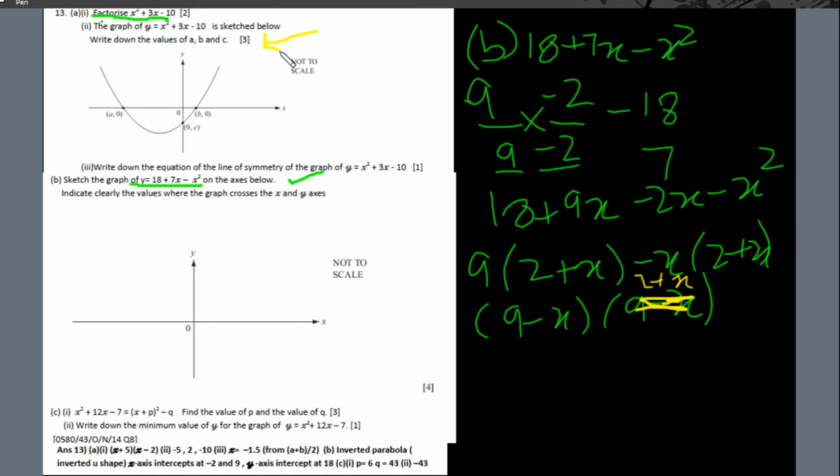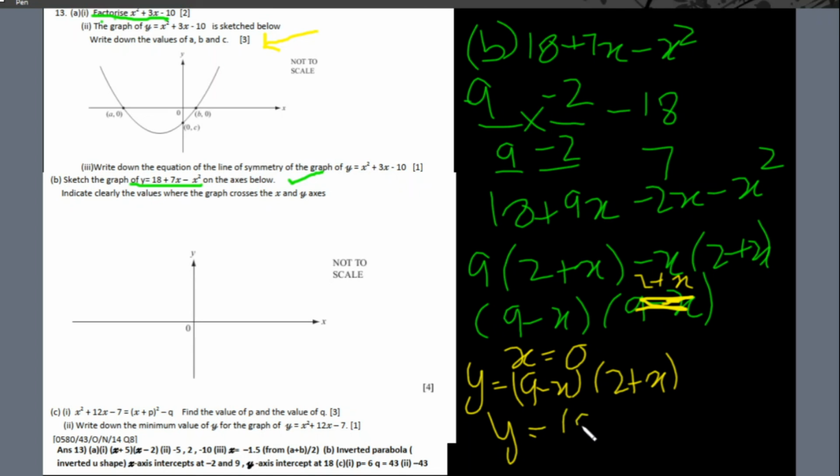So similarly we'll sketch this graph first by substituting x equals 0. So when x equals 0, what do we get for y? So if I have y equals 9 minus x, 2 plus x and I substitute x as 0, then I get y equals 9 minus 0, 2 plus 0, which gives me 18.